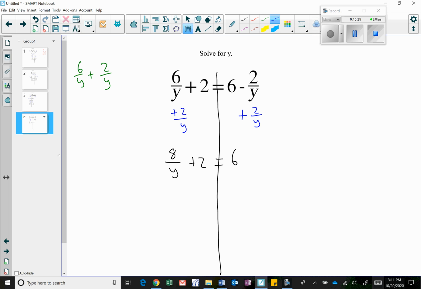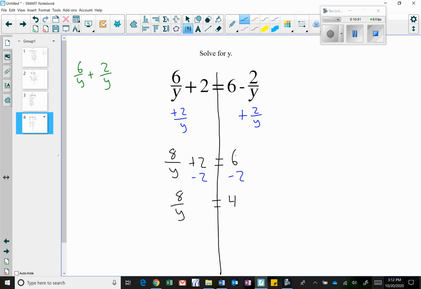So now I have all my y's over here. So let's try to get this plus 2 to the other side. What's the opposite of addition? Well, it's subtraction. Let's subtract 2. So then I get 8 over y equals 6 minus 2 is 4.